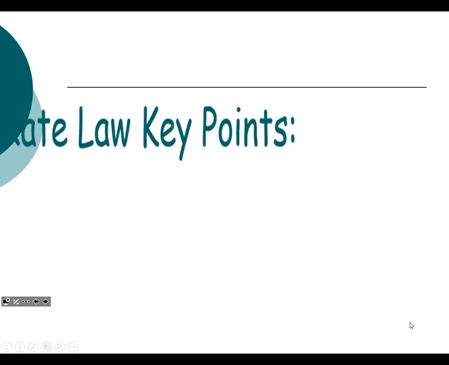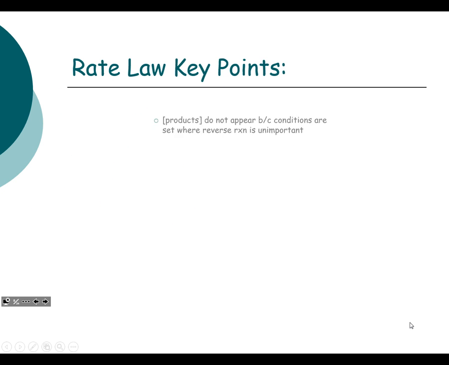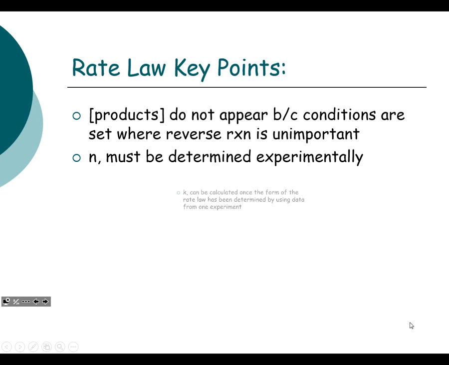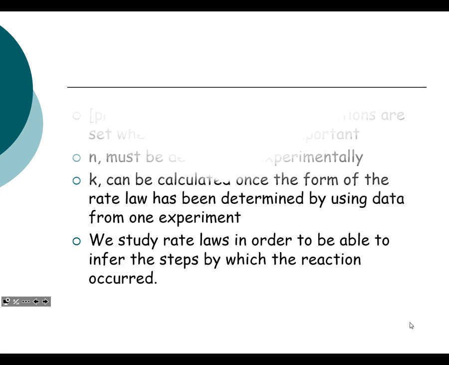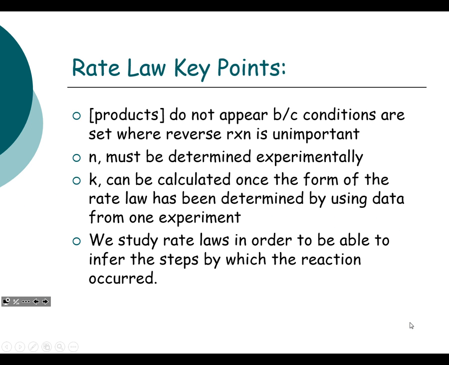A couple key points in rate laws. Let me just go ahead and post all these up. Once again, I can't stress this enough: products do not appear, because we set the conditions so that the reverse reaction doesn't matter.